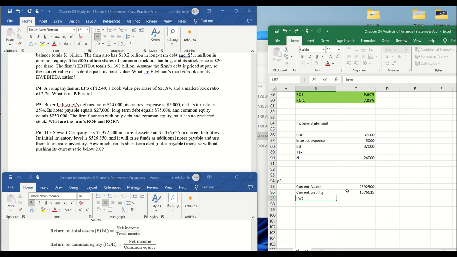Then inventory is 526,350. And the current ratio, they want to actually maintain at not below 2.